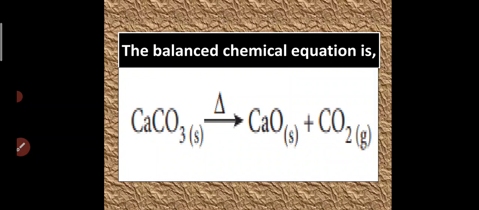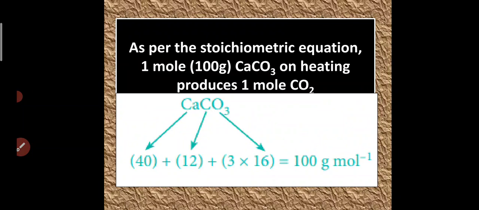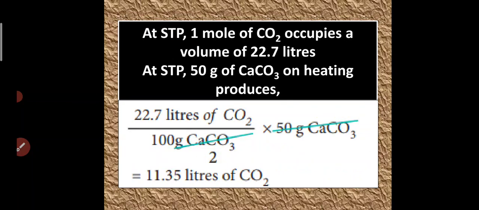They will provide you the equation. CaCO3 will decompose to CaO and CO2. So the mass of CaCO3 we have to calculate, that is 100 grams per mole. You can see the calculation, 40 for calcium, 12 for carbon, 3 into 16 for oxygen, which will be 48. So 48 plus 12 plus 40 will be 100 gram per mole.